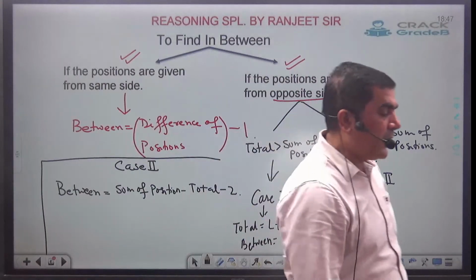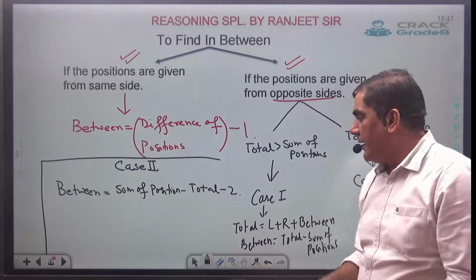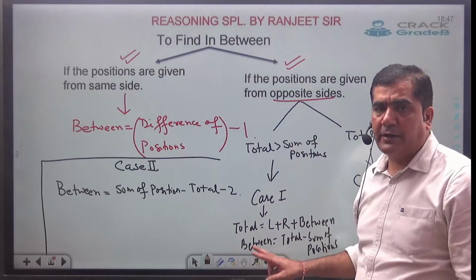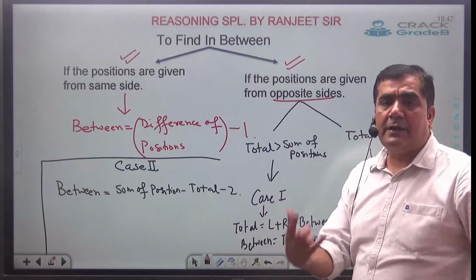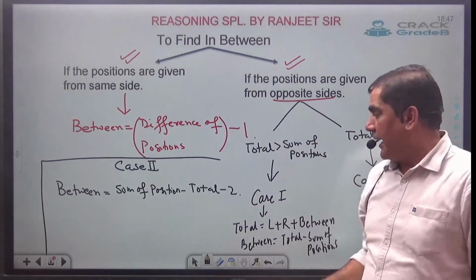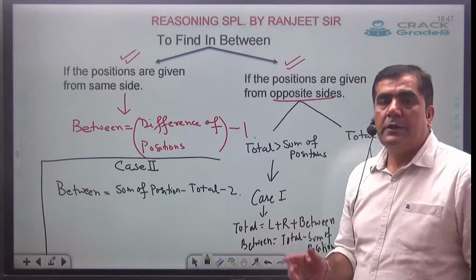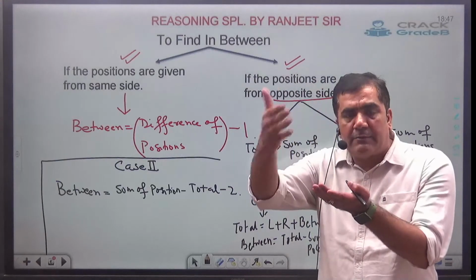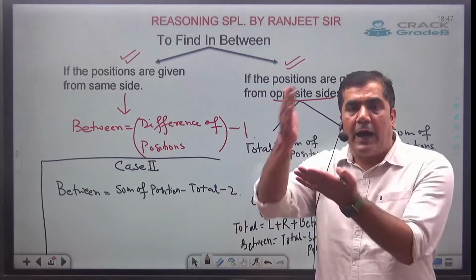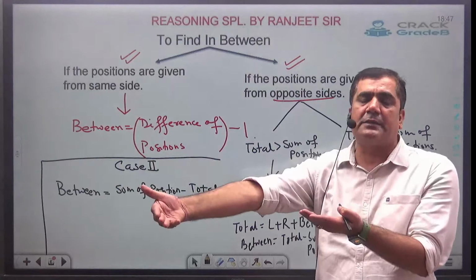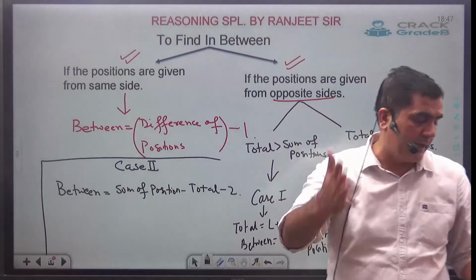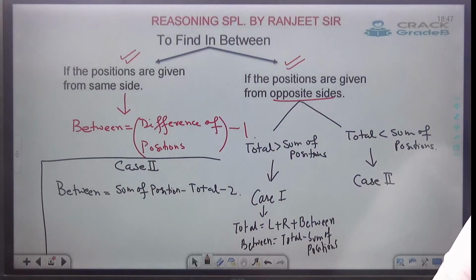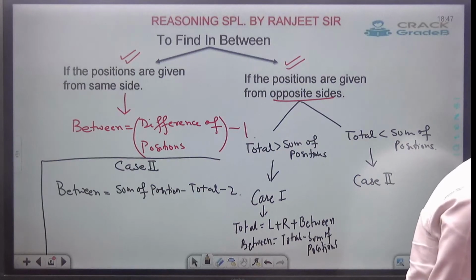Simple. Or otherwise, simply remember it like this. Whenever the question is based on case number 1, then between will be nothing but the difference of these two numbers, and here, the difference minus 2. You have to subtract highest minus lowest for case number 1, and highest minus lowest minus 2 for case number 2. Clear?